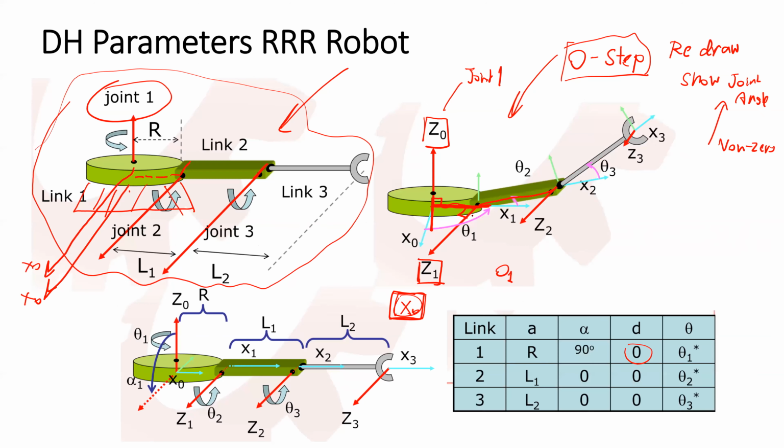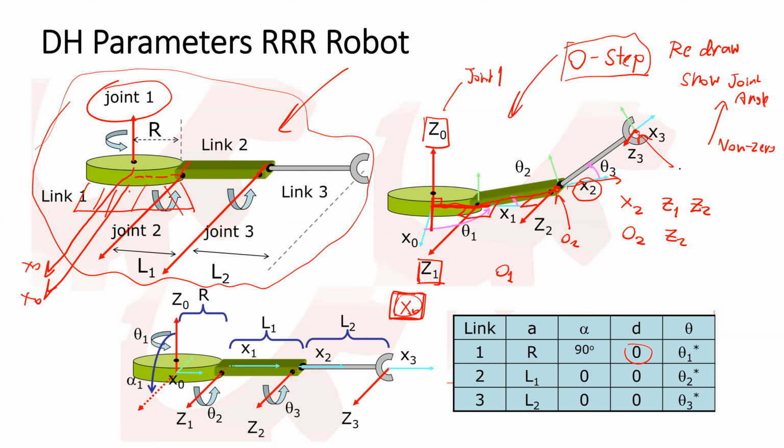The mutual perpendicular between Z1 and Z2 will be this and this. And X2 is the mutual perpendicular between Z1 and Z2. And O2 should be on Z2. So here is O2, and here is the X2 direction. We use the same way for the end effector here.